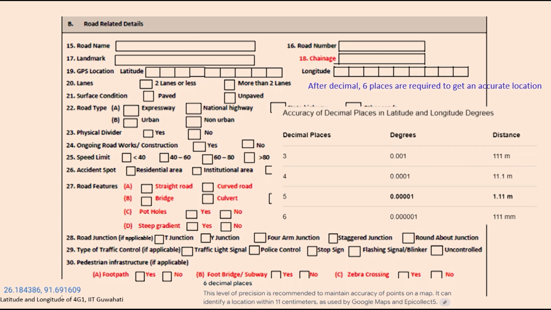So sometimes if they are not standing at the exact location, maybe the accident might happen on this side of the road, but the latitude got recorded of the other side of the road. Then once you do the analysis, it will become very problematic for the scientist who is analyzing that, because he will assume that the accident happened on the other side. So you have to maintain at least these 6 digits, that is important.